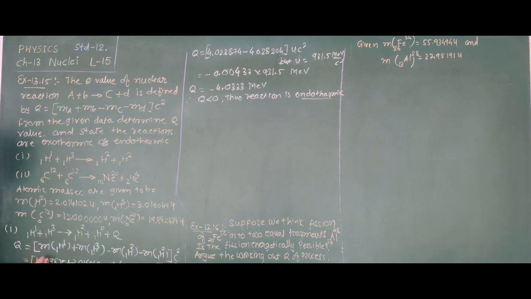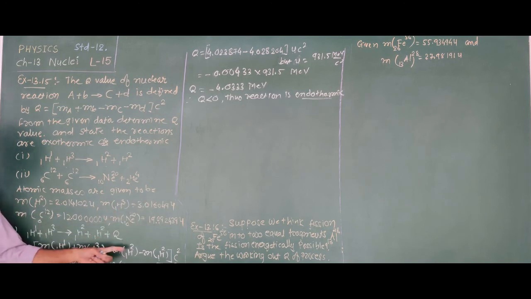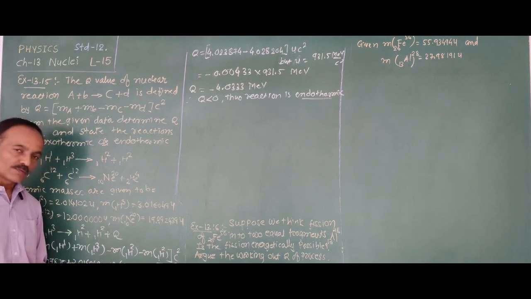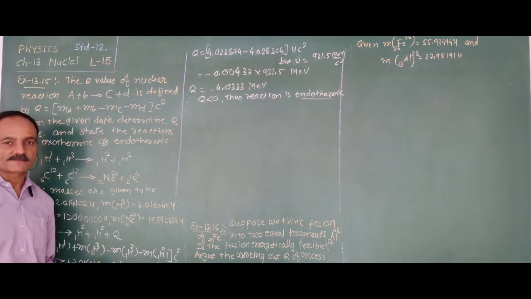Here we substitute the values: mass of the proton 1.007825 plus mass of 1H3, already given, 3.016049, minus 2 times the mass of 1H2, therefore 2 into 2.014102, that is in atomic mass unit, into c square.